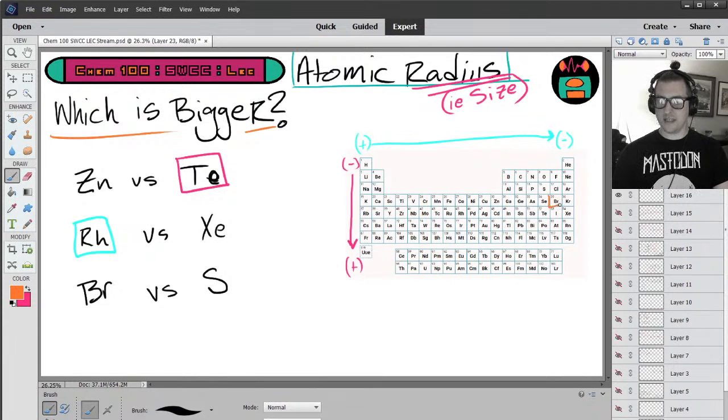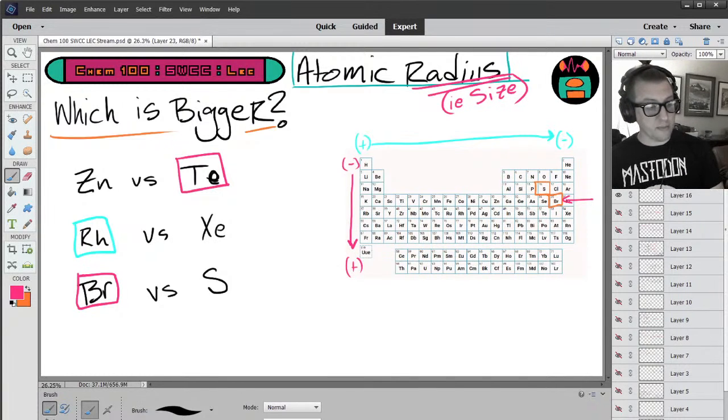Bromine is right here. Sulfur is right here. And because they're not on the same period, we are only looking at which one's lower. And that's going to be bromine. So bromine is larger. That is only your tiebreaker.